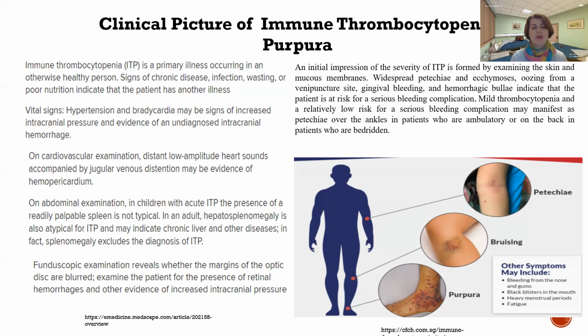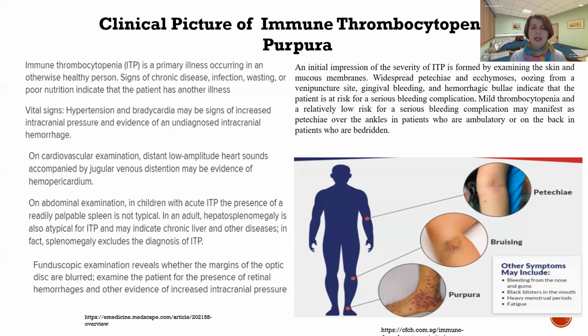Fundoscopic examination reveals whether the margin of the optic disc is blurred. Examine the patient for the presence of retinal hemorrhages and other evidence of increased intracranial pressure as a cause of the purpura. The initial impression of the severity of this disorder is formed by examining the skin and mucous membranes.